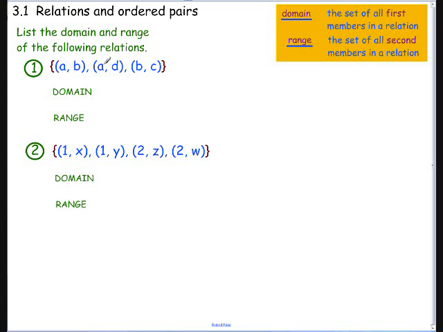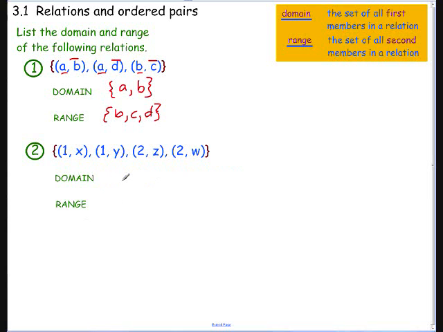List the domain and range of the following relations. Okay, we've got this relation here, and the domain we know is the first. There it is. So we've got the domain is A, B. And the range is B, C, D. I like to put them in alphabetical order.